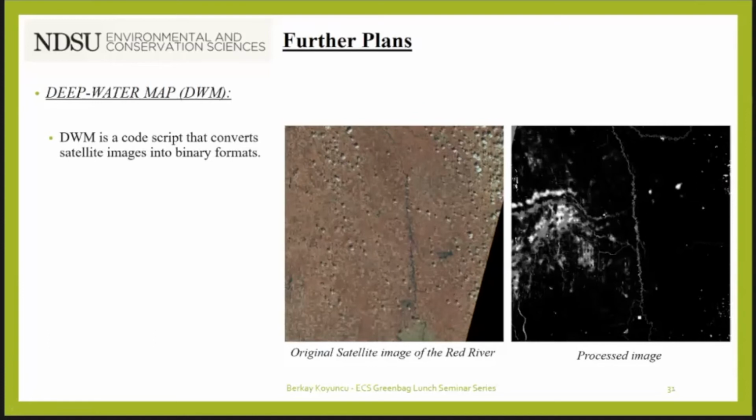So deepwater map is a code script that converts satellite images into binary images. You can see in here, this is the satellite image from Sentinel-2 of the Red River. And this is the same image after we processed it with the deepwater map code. So basically, it converts land to a black region, and it converts the water surface into white.